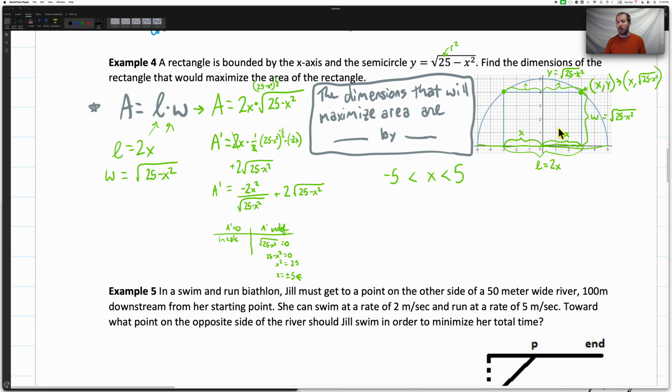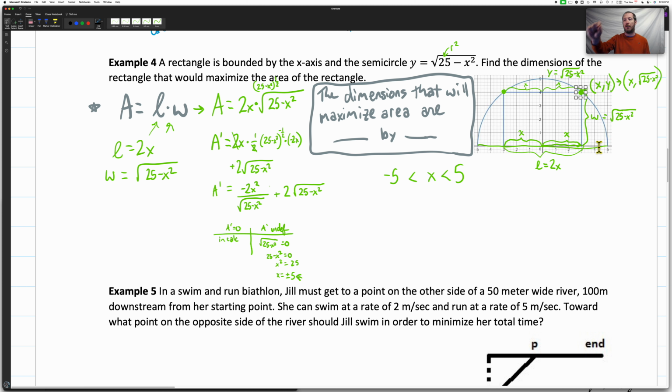We've labeled our diagram that they gave us with, most importantly, the points on the vertices. The points where the upper corners of the rectangle hit the semicircle, because those are going to be points along that semicircle.